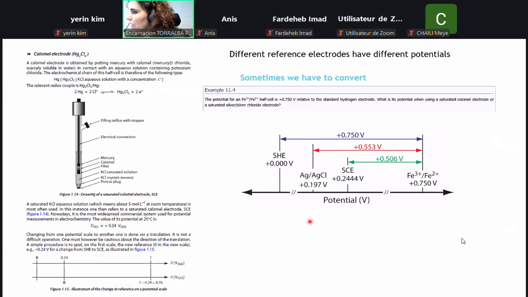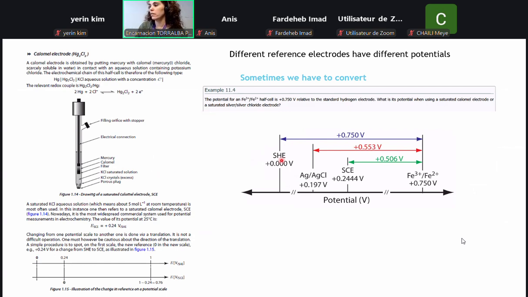Then we also saw the reference electrode. There are several commercial reference electrodes, and each person in the lab can have several or only one. So for all the scientists to be able to report values and compare, we need a reference for everybody.